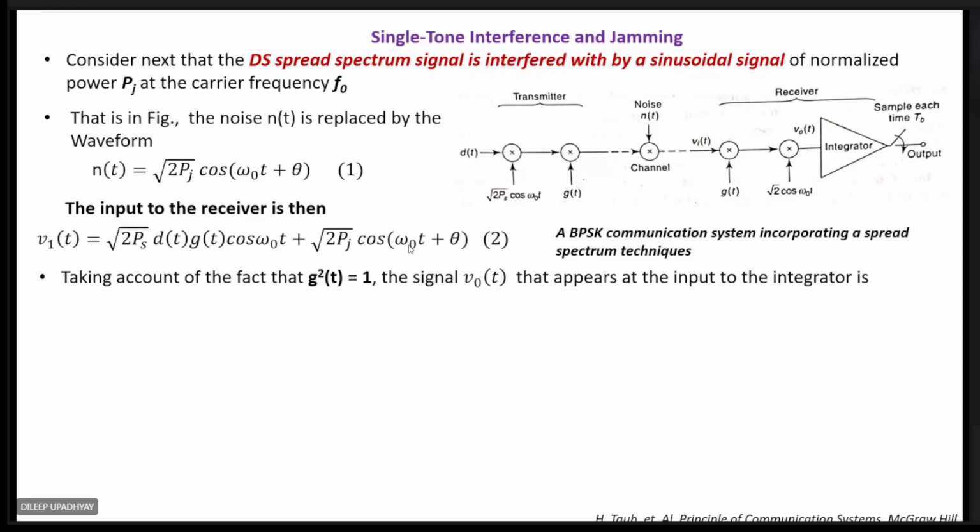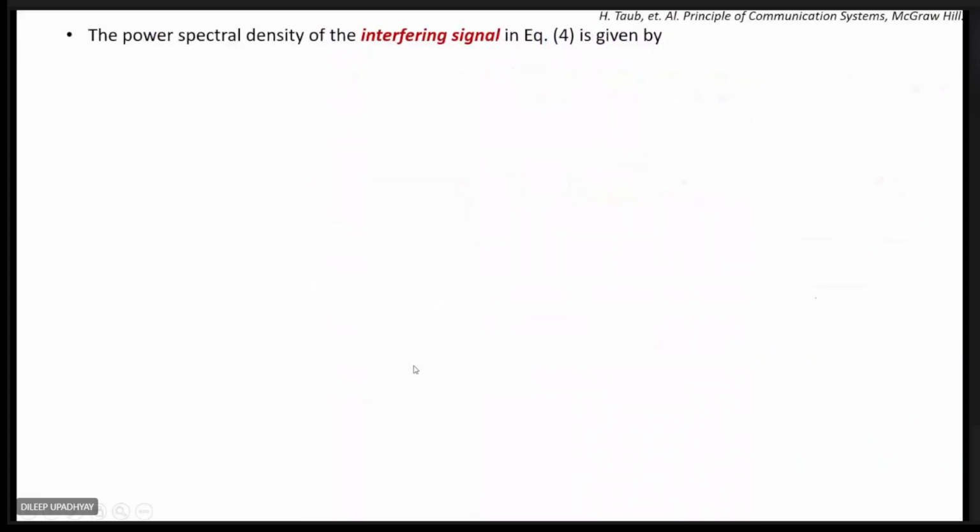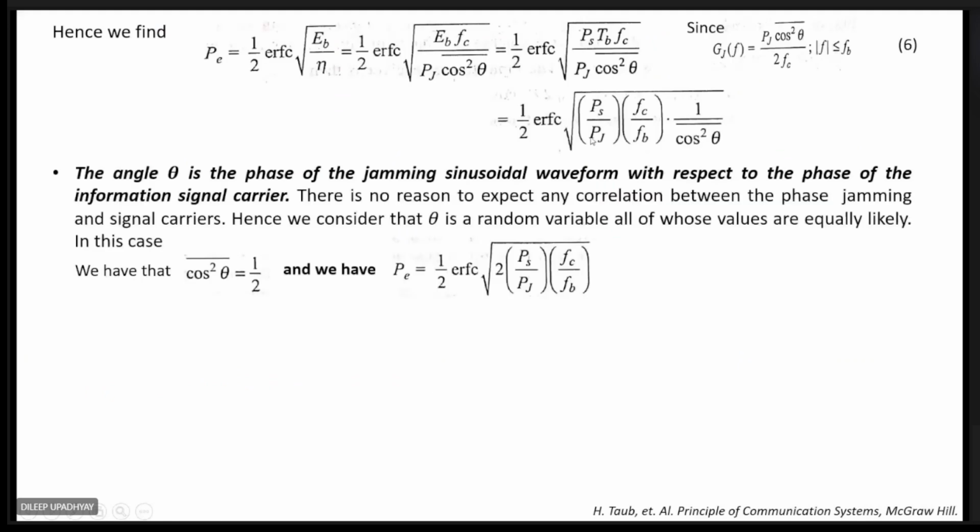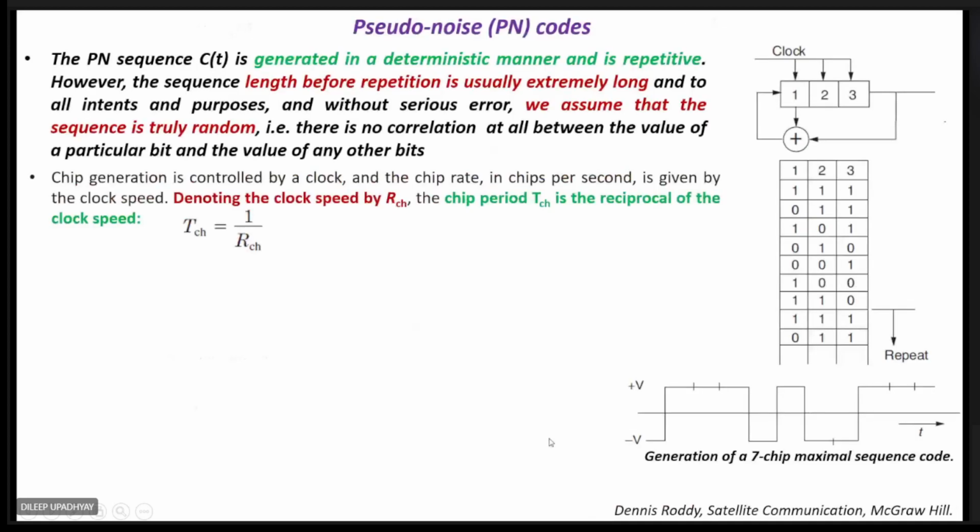For that we did the analysis and saw what the probability of error came out to be. Similarly, but what will be the difference between that analysis and this analysis? The difference will be, I'm coming to the current slide now.